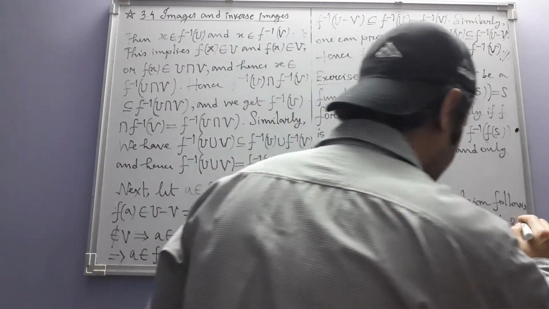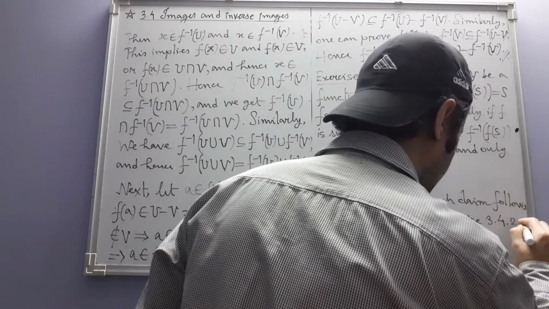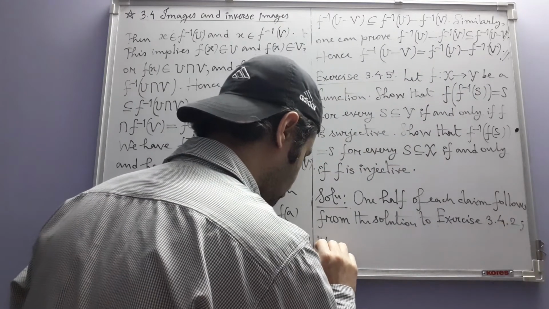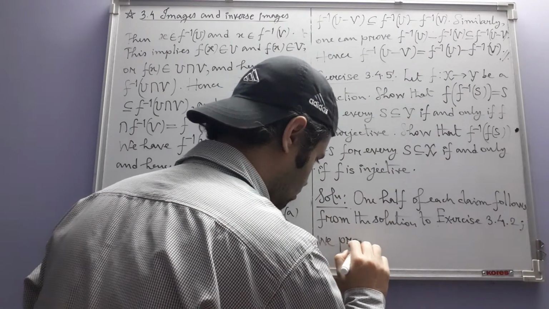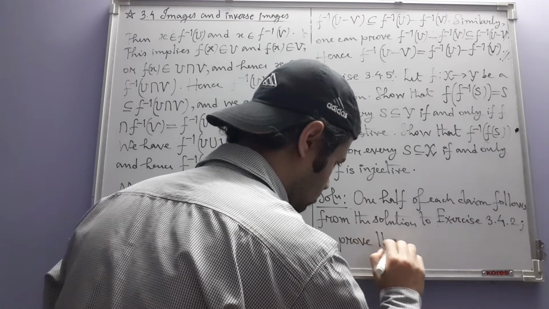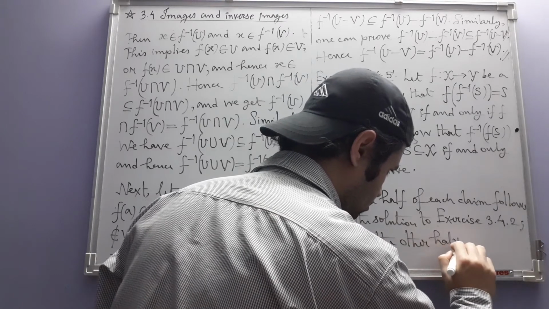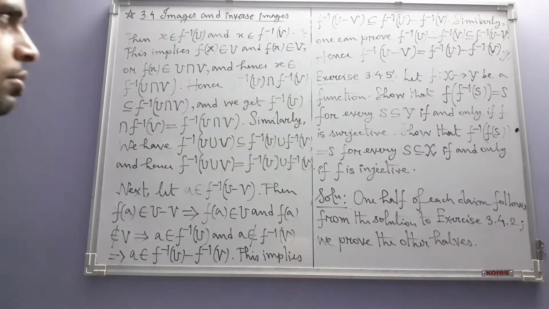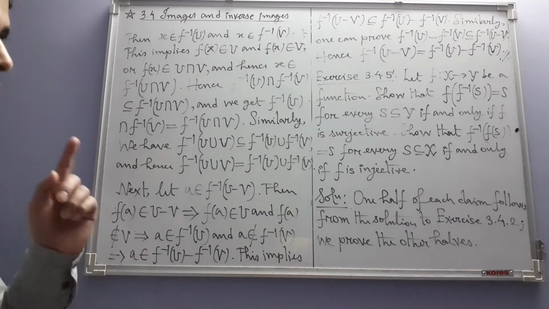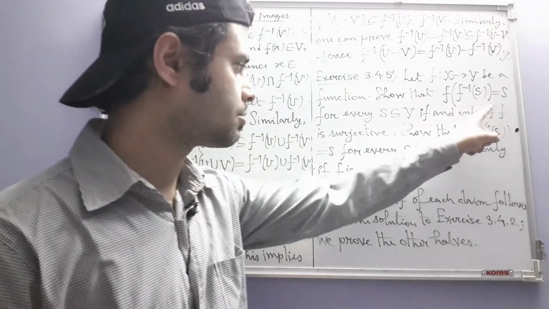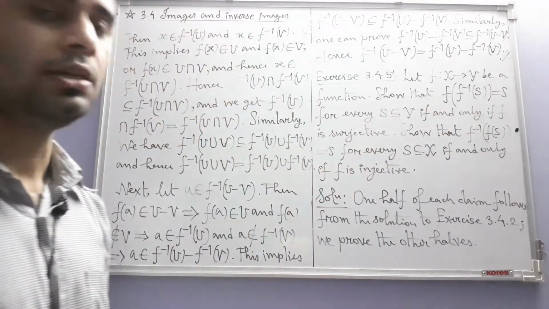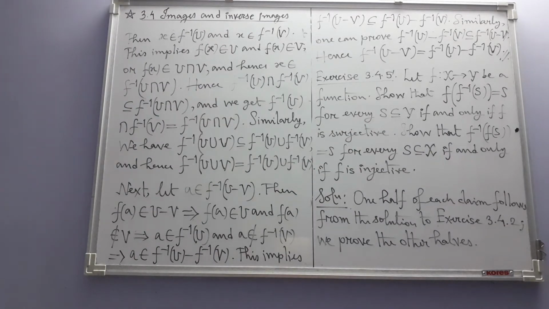And we prove the other halves. Okay, so that means first we have to show that if this is true, then F has to be surjective. But let us first put some more ink.